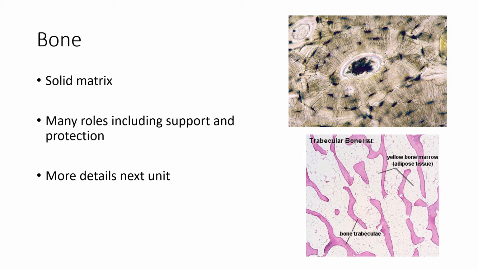For this upcoming exam, all you'll need to know is that if you see this image, something that looks like tree rings, we're looking at bone. Next unit we'll get into a lot more detail about what exactly we're looking at, but for this exam, anything that looks like this, it's bone. You don't even need to tell me it's compact and spongy.